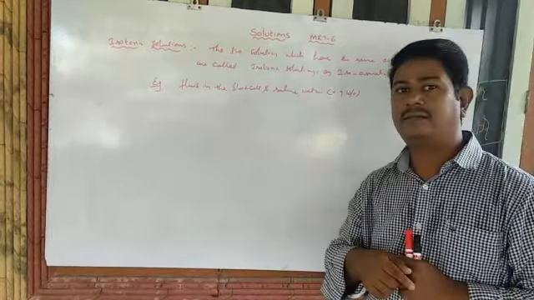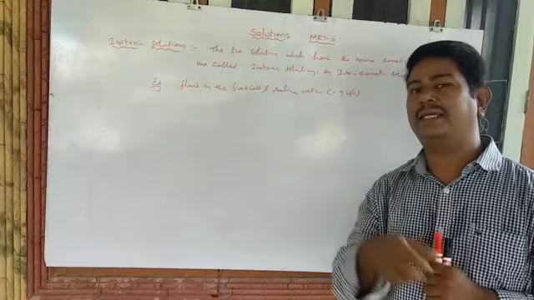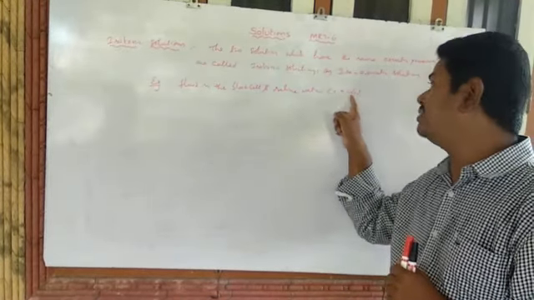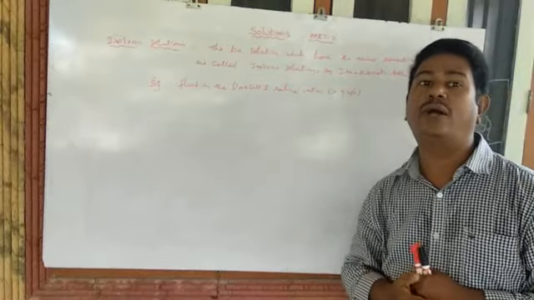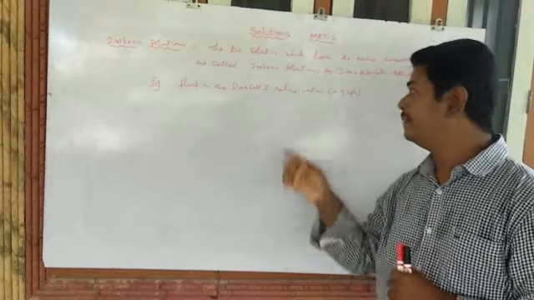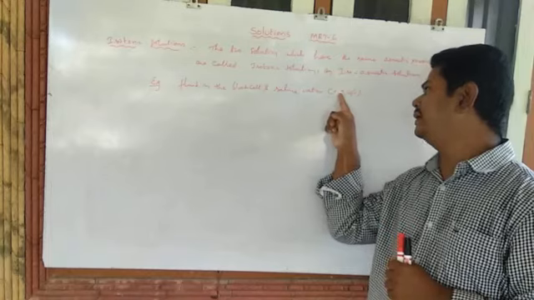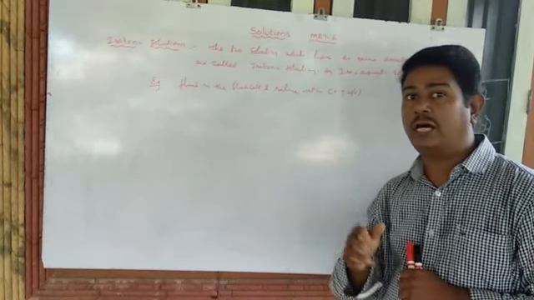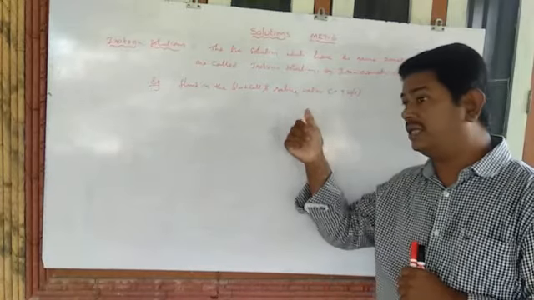If the blood cells are placed in more than 0.9 weight-volume percentage of saline water, what happens? If the concentration is greater, then the osmotic pressure of the saline water is more.